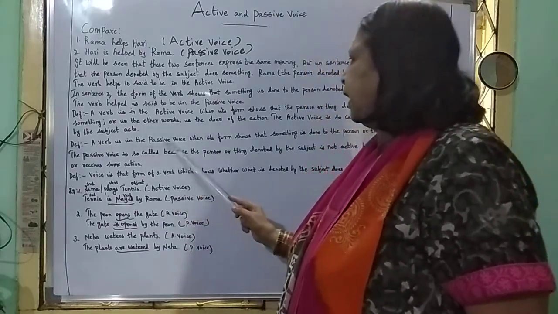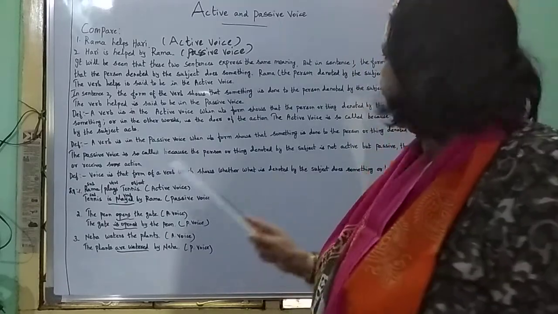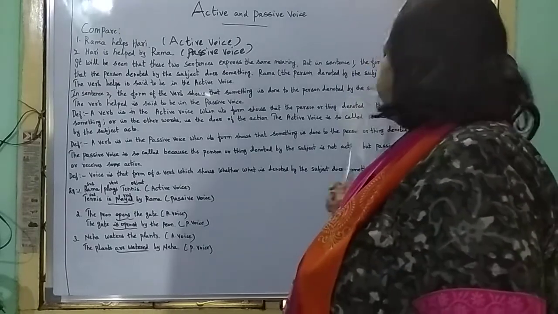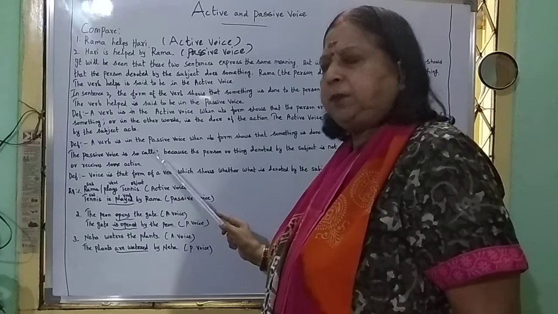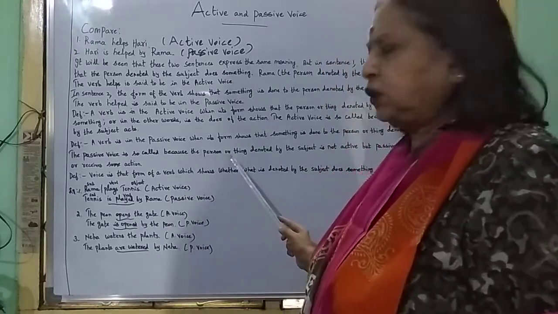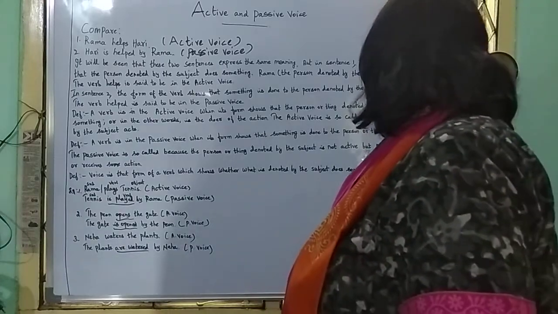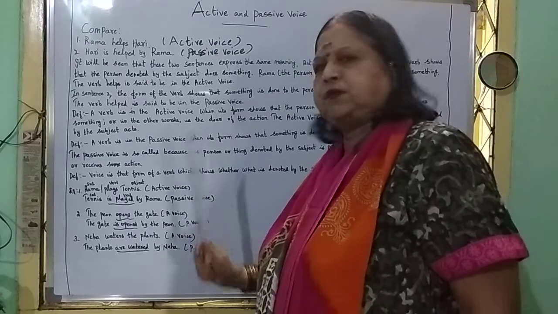A verb is in the passive voice when the form of the verb shows that something is done to the person or thing denoted by the subject. The passive voice is so called because the person or thing denoted by the subject is not active but passive. It suffers or receives some action.